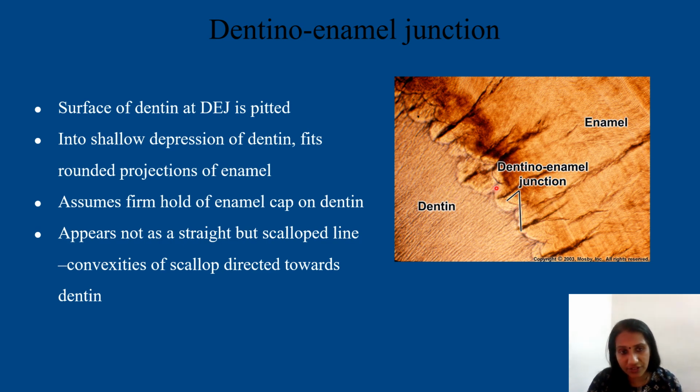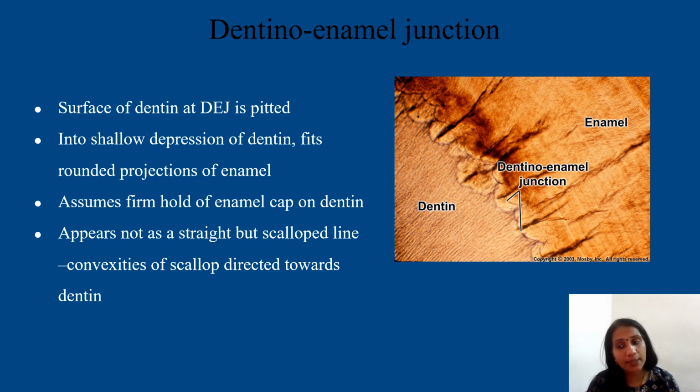The dentin surface is concave, and the rounded portions of the enamel are going to fit into the depression. If you see, the dentin surface is pitted and projections of the enamel are going to fit into the pitted area of dentin. So this will give you a very tight interlock between dentin and enamel. This brings about more adhesion between dentin and enamel.